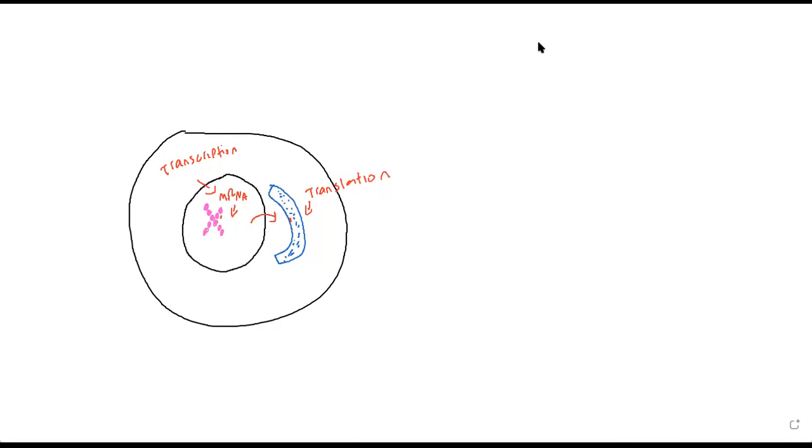So let's go ahead and talk about RNA. RNA was, we think, the very first genetic material that was created on Earth. It's simpler. For one, the sugar is ribose instead of deoxyribose, which for the intents and purposes of this course means nothing.